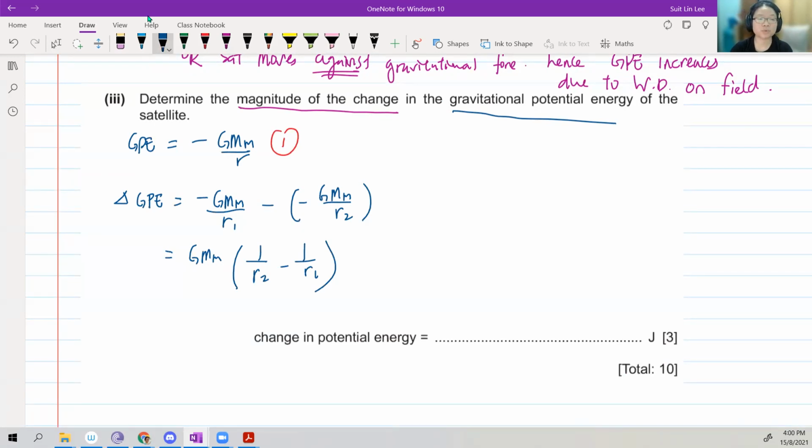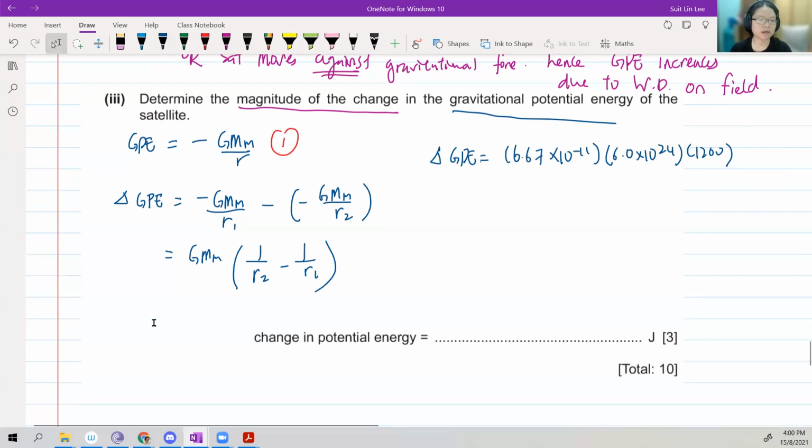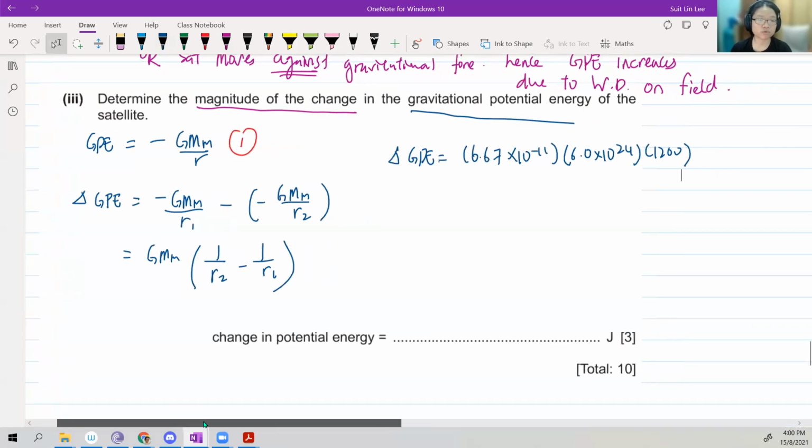Okay, we can substitute. Change in GPE is 6.67 times 10 to the power of negative 11. Mass of the Earth is 6 times 10 to the power 24. Satellite is 1200. Okay, and then we'll multiply by the two different radius.